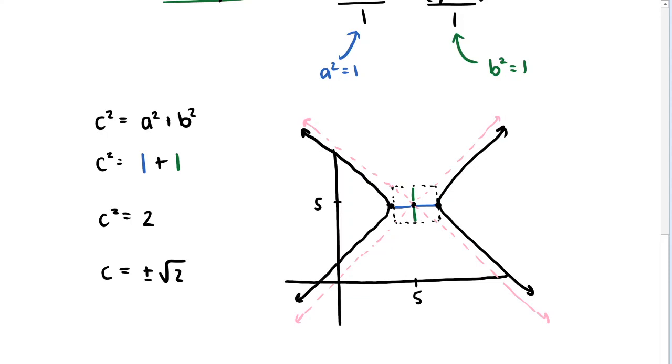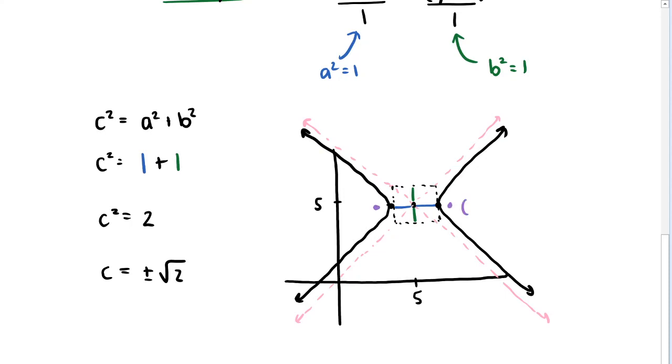So there's our hyperbola. And we're saying that if we add the square root of 2 in the x direction from our center, and if we subtract away the square root of 2 in the x direction from our center, we're going to end up with our foci. And so the square root of 2 is roughly 1.4, so here it's like 0.4 past this vertex point, and here 0.4 past this vertex point. These are the locations of our foci. Maybe I'll write them out.